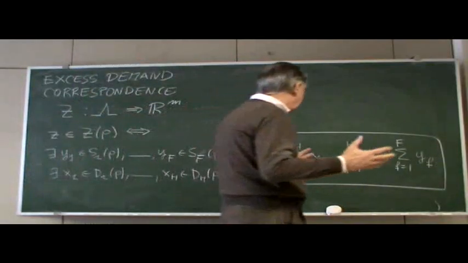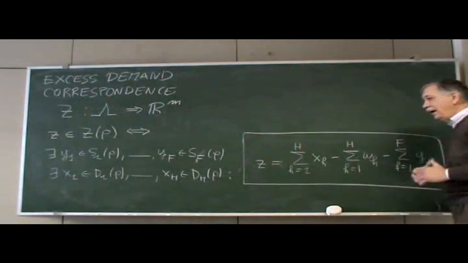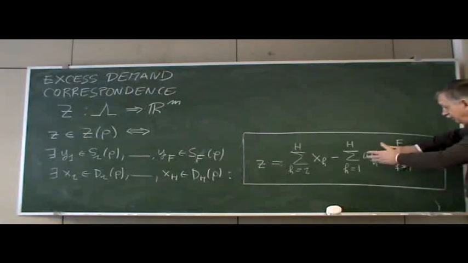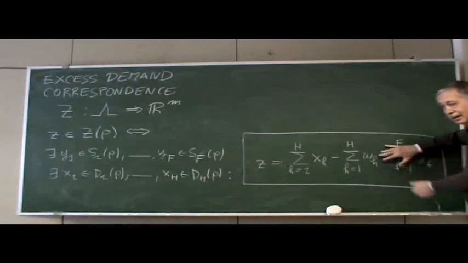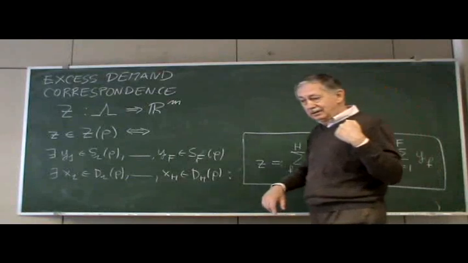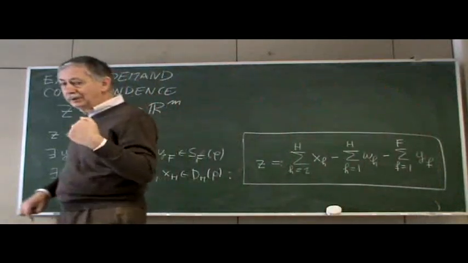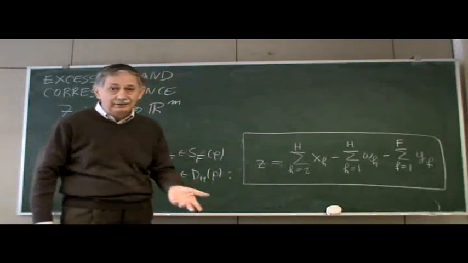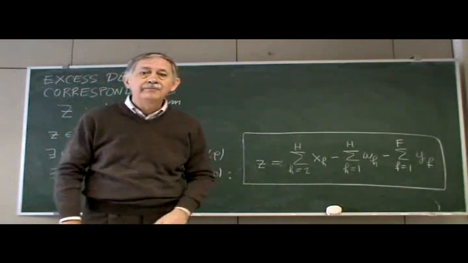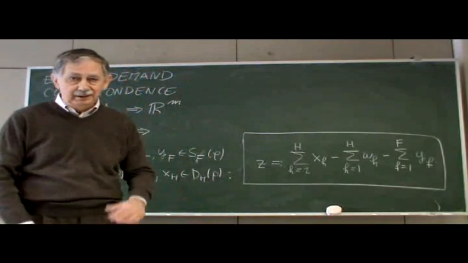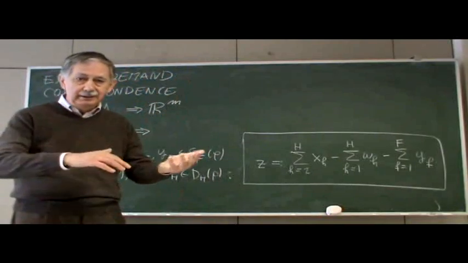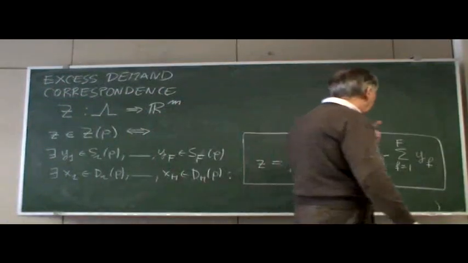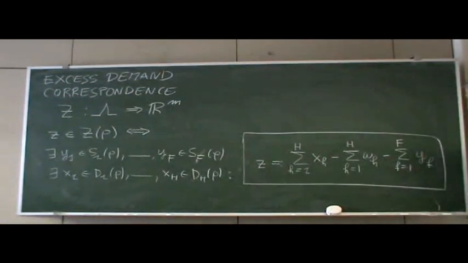If in our economy there were no production, the definition of Z would be simply this. I subtract the initial endowment from the total demand of every good. You obtain the excess of demand, which is a positive or negative number, according to whether demand exceeds supply or vice versa. But here there is also production.